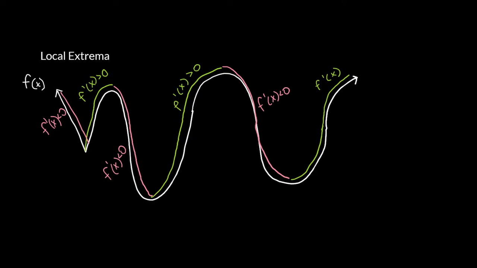And then at those points where the derivative is switching from negative to positive, the derivative is either 0 or it does not exist. So here, we have a cusp, so the derivative does not exist.